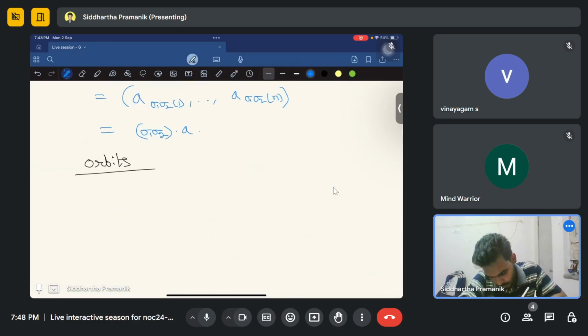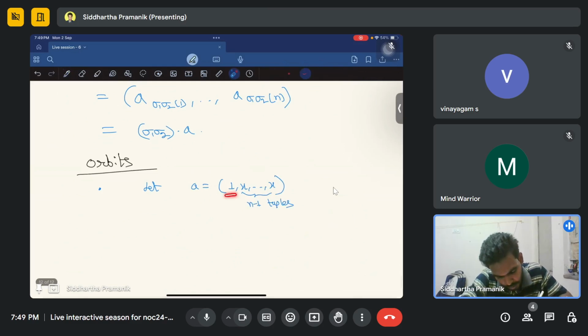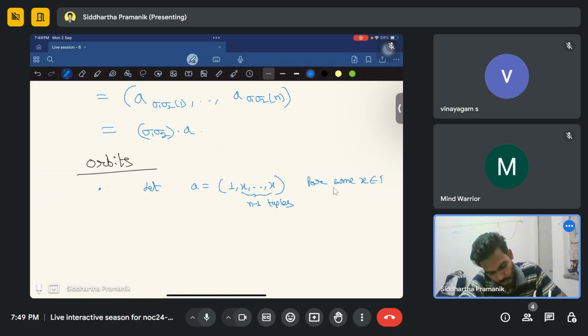So first, let's try to see the orbits of elements of this form. So here n minus 1 tuples. So in first coordinate we have 1 and other coordinates all are same, for some x belongs to R.